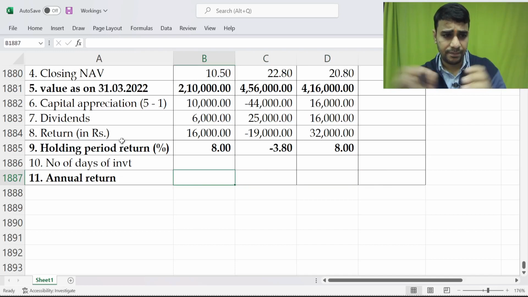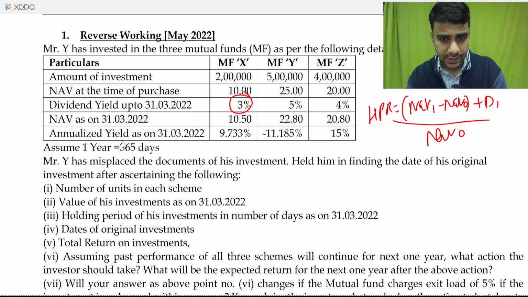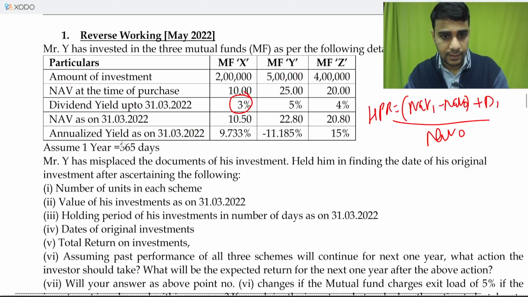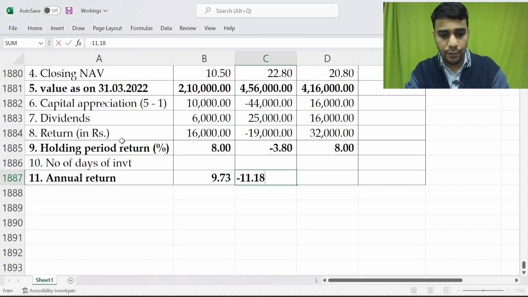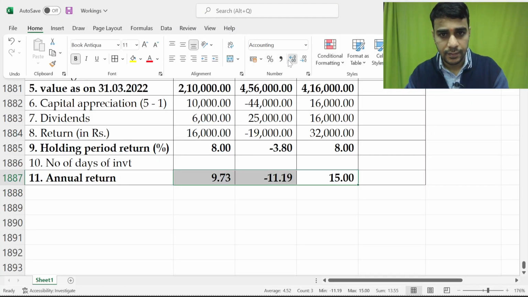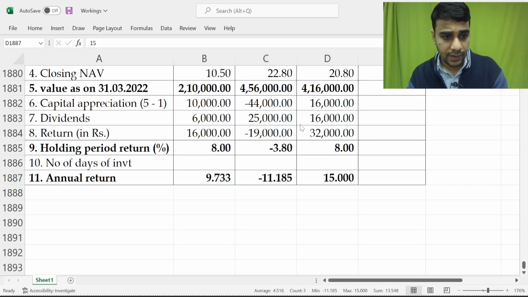Now listen for some time. They've given the annualized return in the question. The annualized return is 9.733, negative 11.185, 15. They've already given the returns in the question. Now listen.